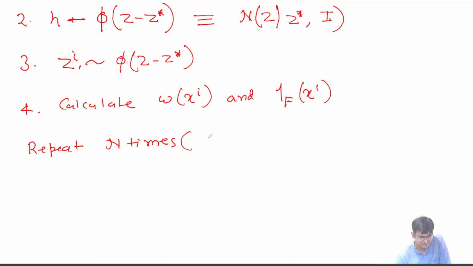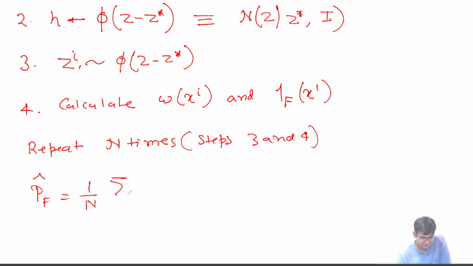We will repeat steps 3 and 4 only, not the other steps. Then your P_F hat is equal to 1 by n summation I_F(x^i) multiplied by W(x^i). I shifted the notation from subscript to superscript because in books the sample number is generally written in the superscript, and the variable number in the subscript. That is why I shifted it.